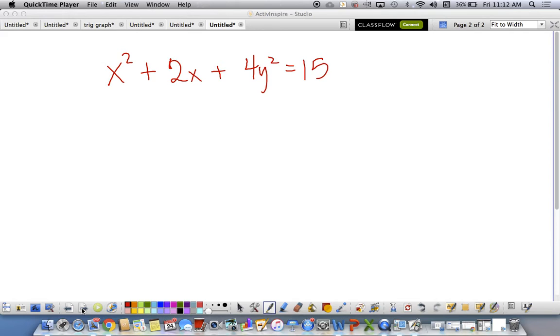So we need to isolate y and divide by 4. Can I go ahead and subtract and then divide? Yes. So I can have 4y squared equals. Listen, you can do whatever you want. Just do it and don't ask. It's going to end up as a square root.